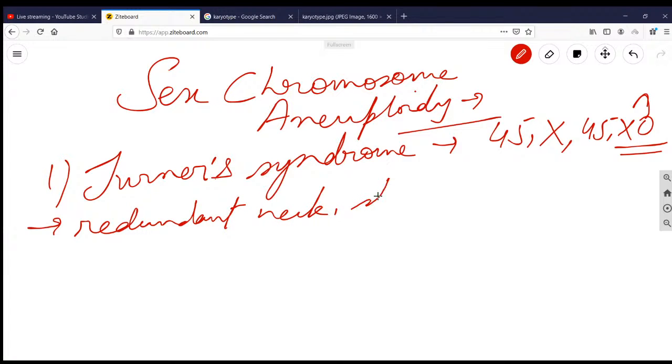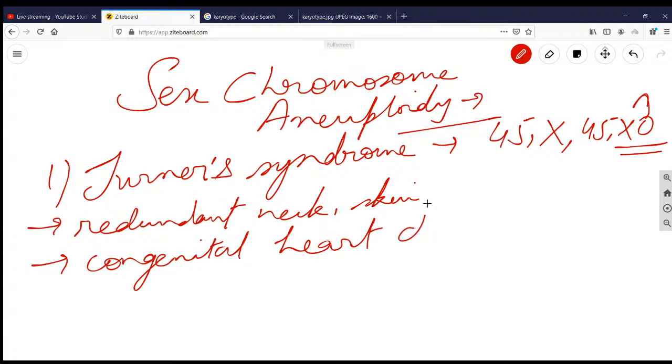Skin. It can also have peripheral lymphedema. It can have congenital heart disease, that is, heart disease by birth. Then adrenal abnormalities, epinephrine secretion, hypertension.